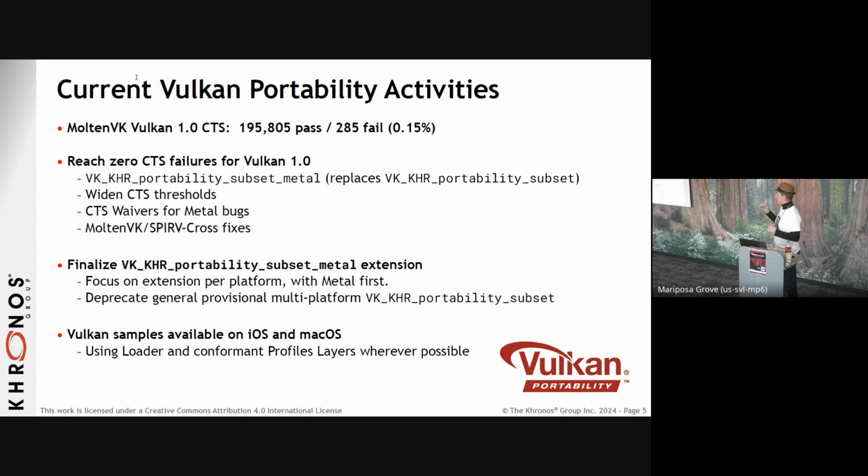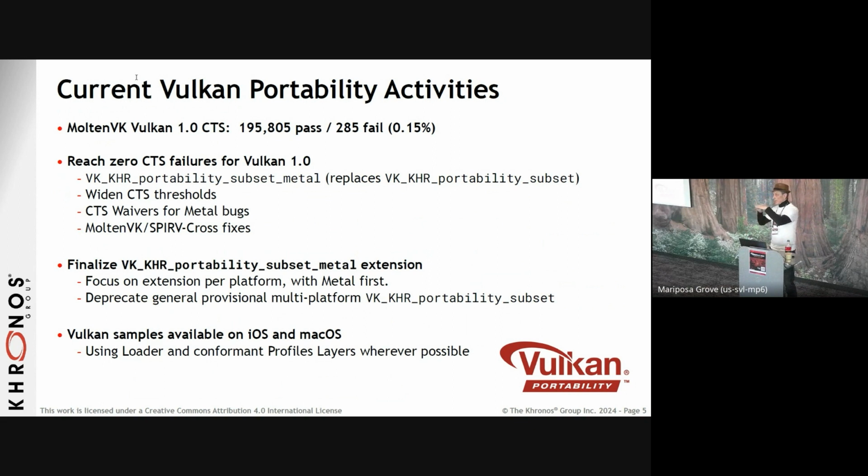So how can we get that down to 0 and say we're conformant? One is the ability to say, implement one of these extensions. In this case, I'm talking about portability subset metal. And I'll talk a little bit more about the difference in a second. So the idea there is I can now knock off a whole bunch of those 285 by saying, all those triangle fan tests that are failing, they don't fail anymore because we have triangle fans in MoltenVK, but they used to fail.